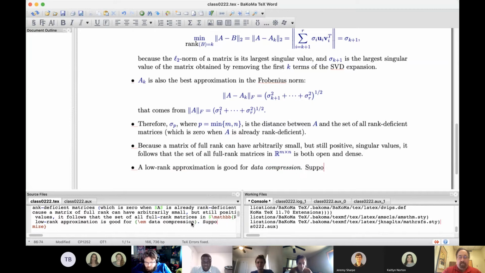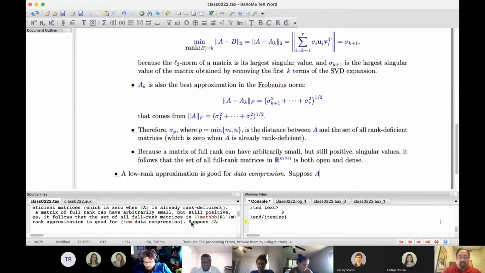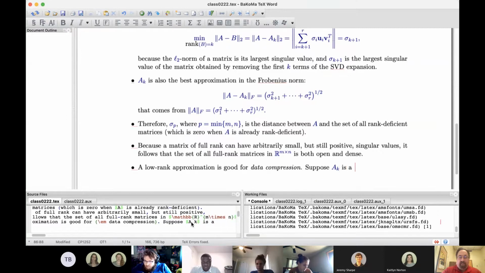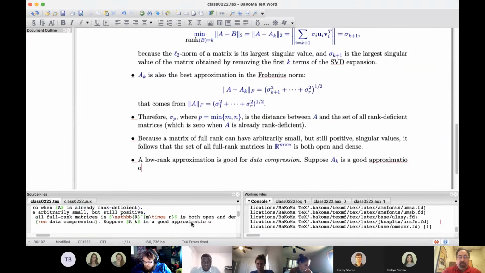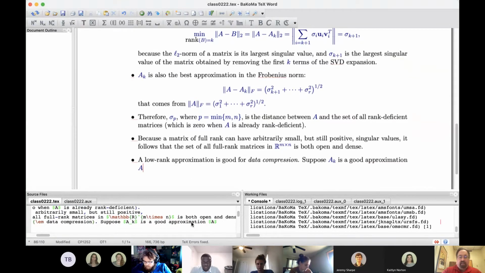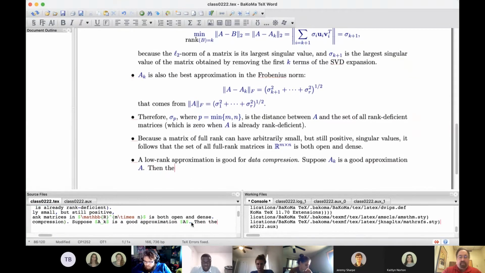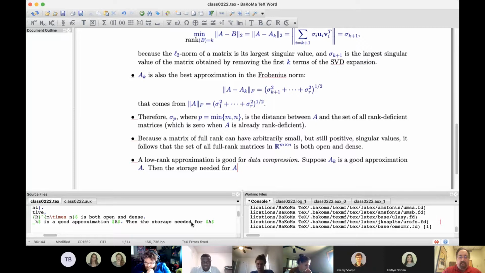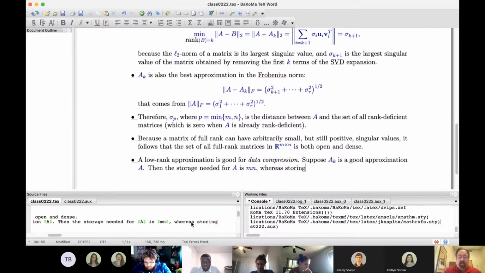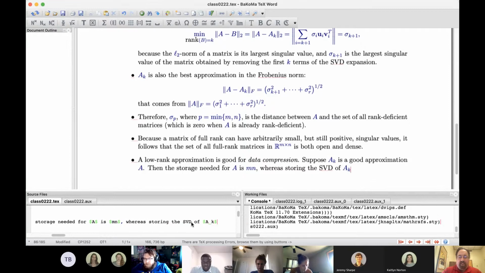So suppose AK is a good approximation of A. Then the storage needed for A, if you just store A in a regular way, is M times N, just a regular two-dimensional array. But instead what you can do is store the SVD of AK.